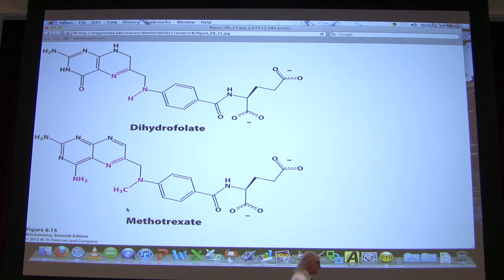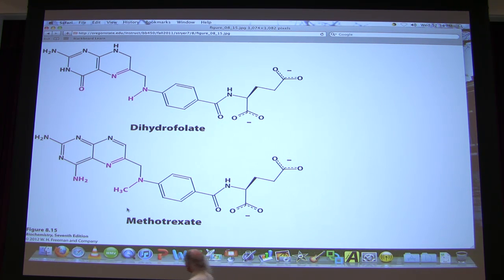If I give cells methotrexate, which resembles dihydrofolate, that same enzyme that uses dihydrofolate will bind to methotrexate and will not function. They're competitive inhibitors. They both bind to the active site of the enzyme. The enzyme can catalyze a reaction using this one. It cannot catalyze a reaction using this one.